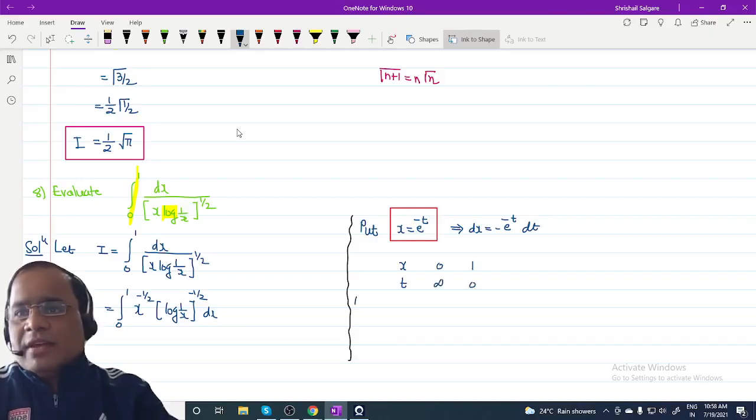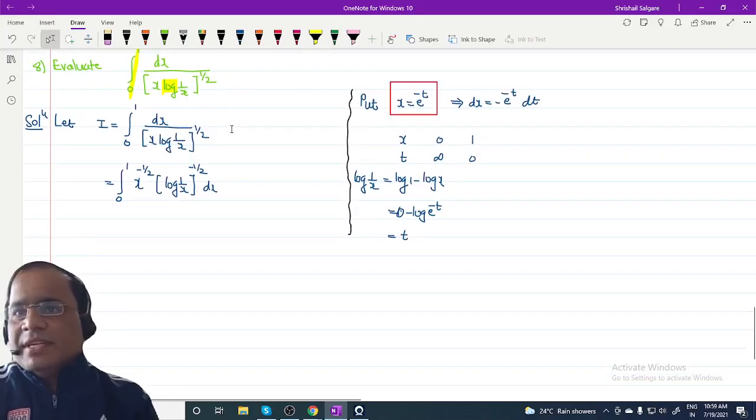Now again we are having log of 1 by x. In last example we did it. So log of 1 by x can be written as log 1 minus log x. It can be written as log 1 is 0 minus log of e to the power minus t. I will write t directly because in last example we did that.